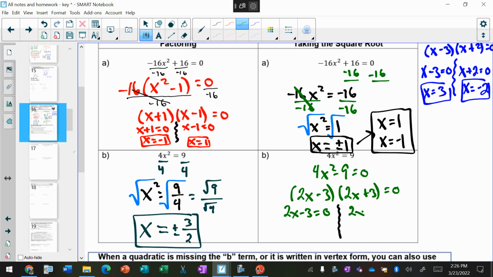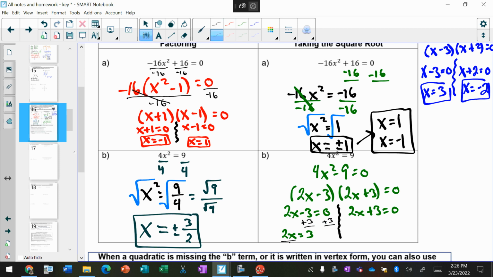And then 2x plus 3 equals 0. To solve each one of those individual equations for x, I would have to add 3 here, leaving me with 2x equals 3.